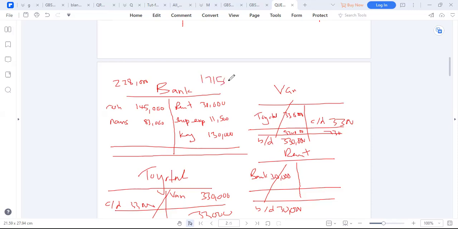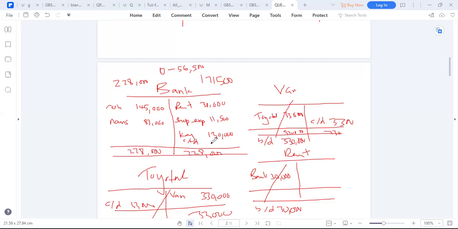Difference: $56,500. So we pick the bigger one, 228,000. The difference, you give it to the smaller guy.